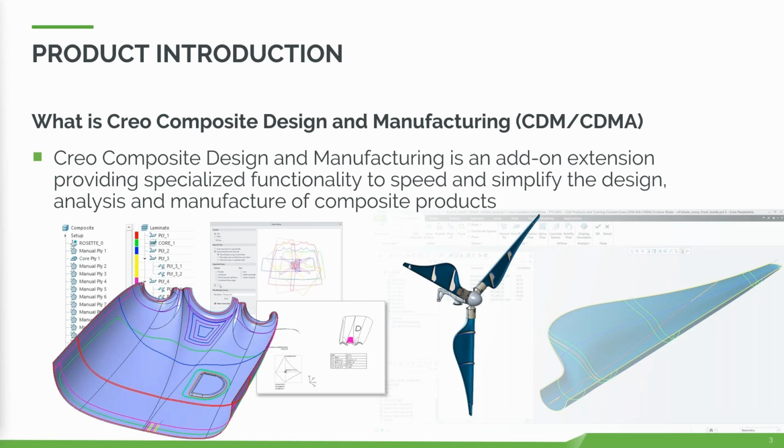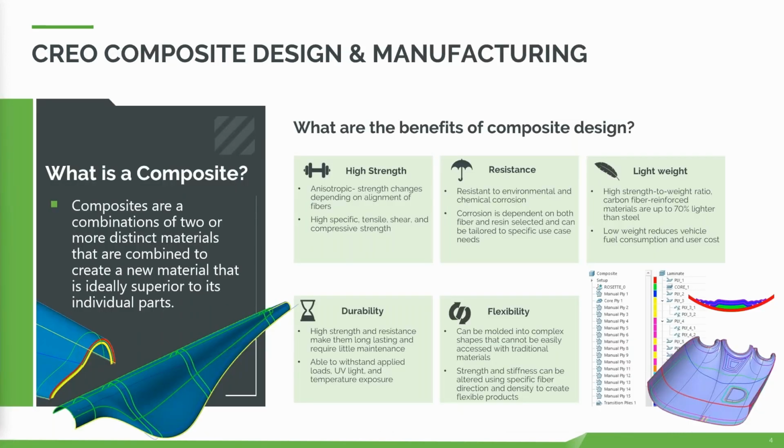This is specifically around fiber reinforced polymer composites. A lot of people on today's call are doing this sort of work, so obviously very interested in this. You understand all the benefits around high strength and resistance to environmental and chemical corrosion.